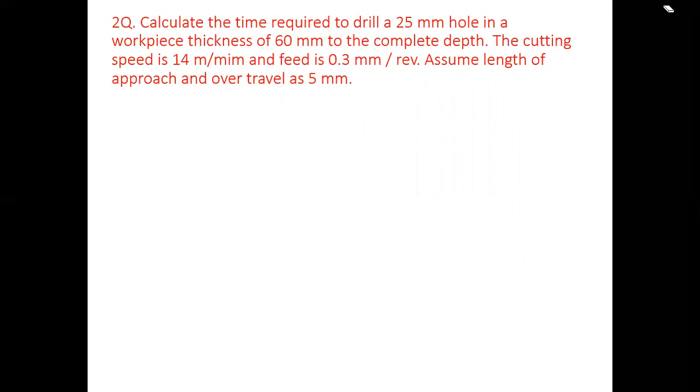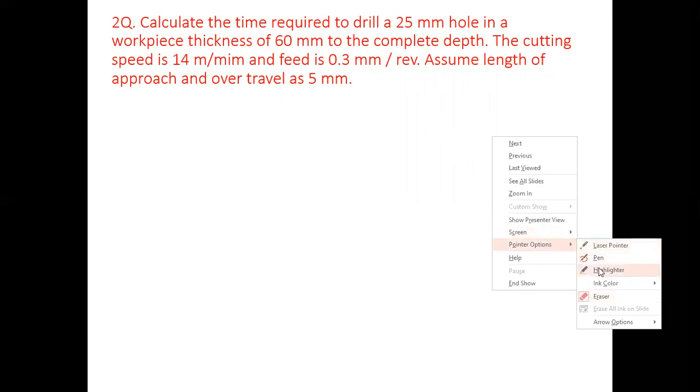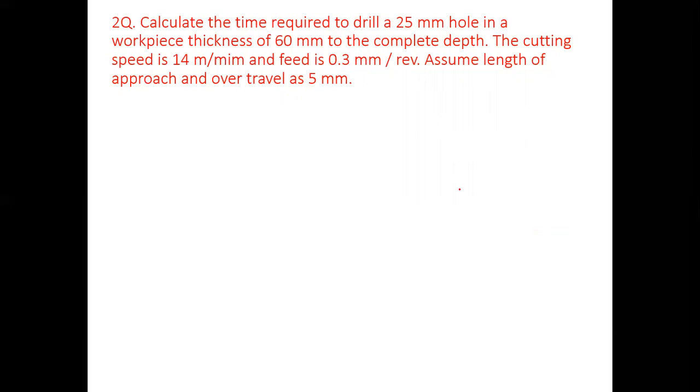Normally, when we discussed the drilling process in the last class, when we fix a workpiece on the table, we do not start drilling exactly with the drill bit touching the workpiece.